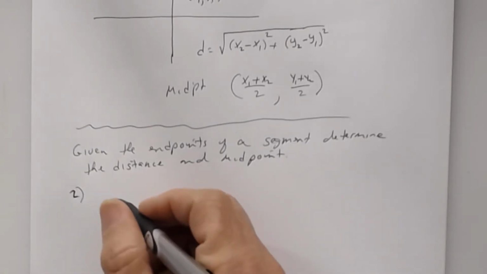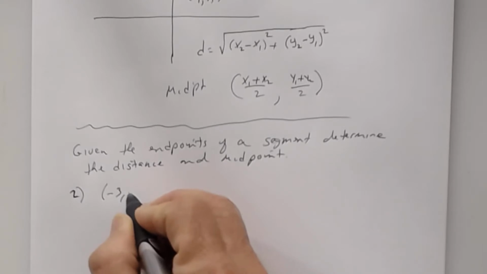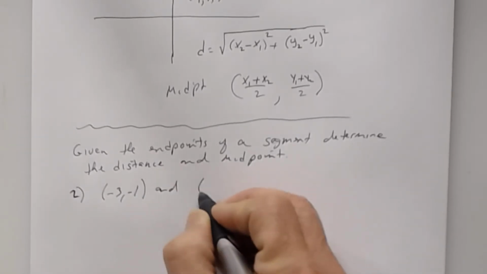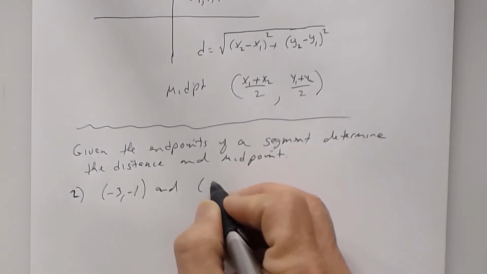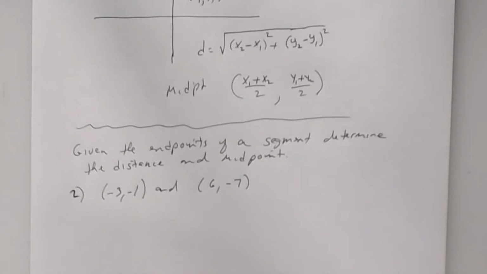So number 2, let's suppose we had -3, -1, and 6, -7. I made that up. Before you plug in, what might be a good idea?